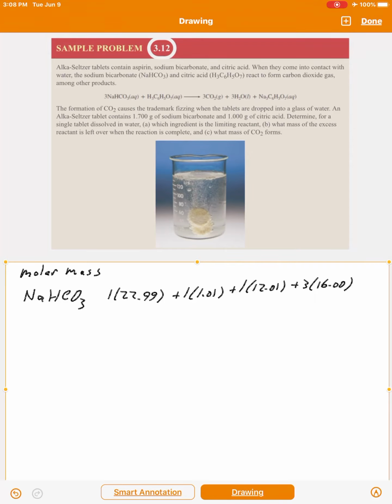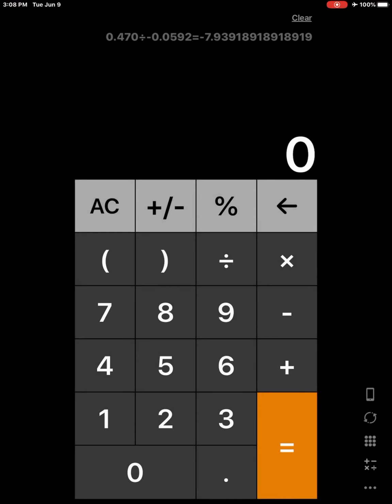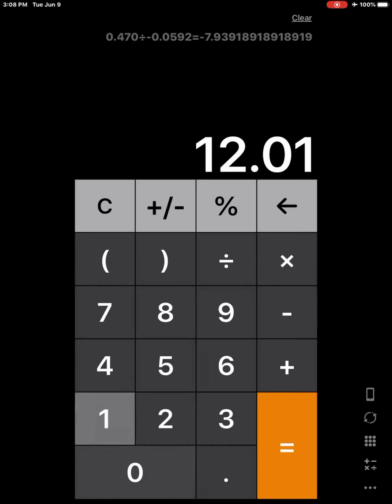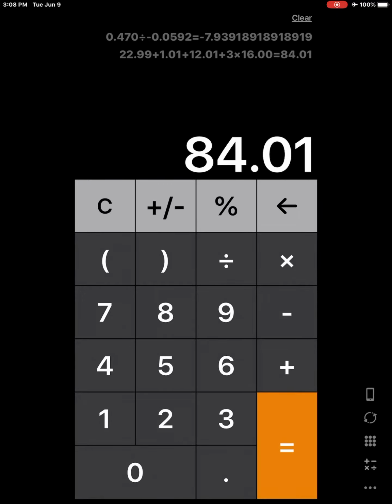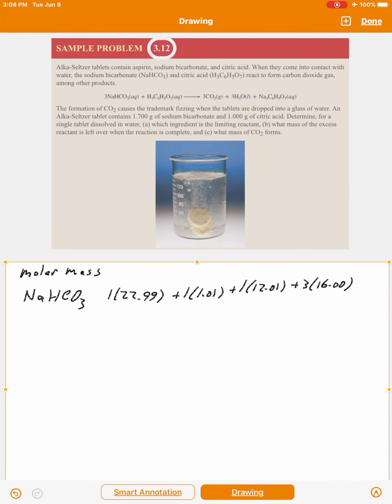So let's figure out what that is. NaHCO3: 22.99, 1.01, 12.01, 3 times 16.00, 84.01. Remember, the units of molar mass are grams per mole.